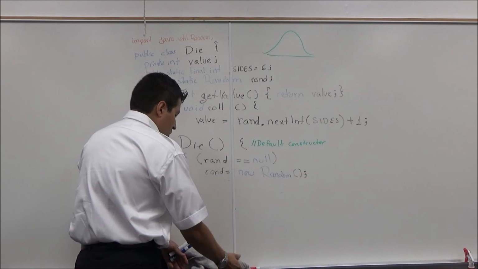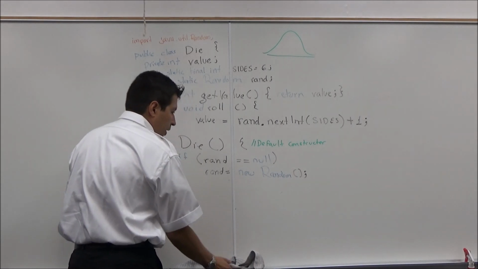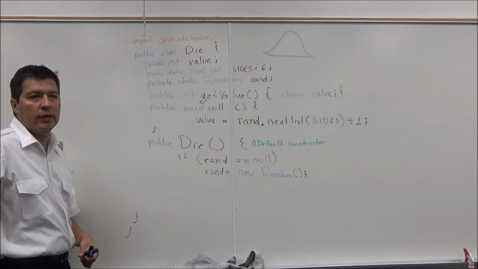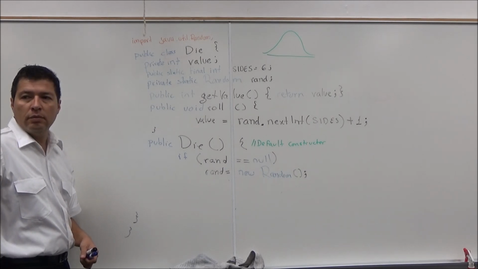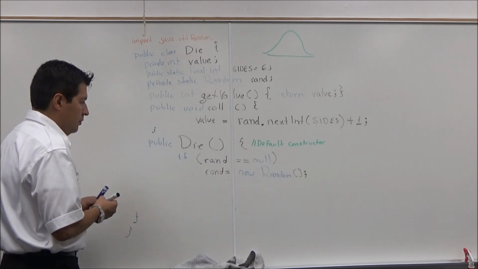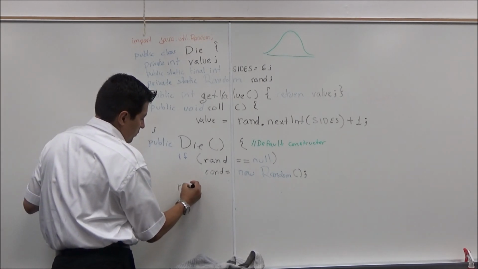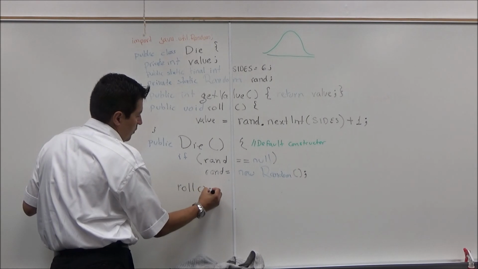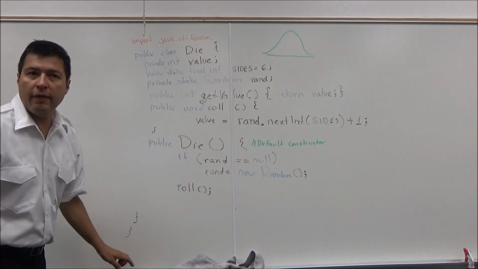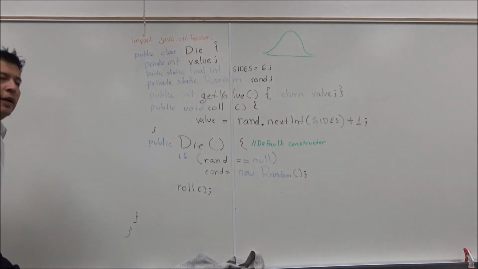So what should I do when I create a die? Make sure it has a value between 1 and 6. Just roll it. If I just roll it, it'll have a value between 1 and 6.